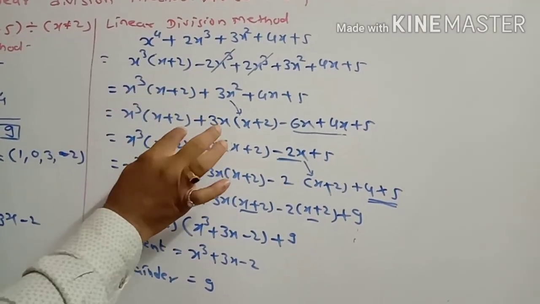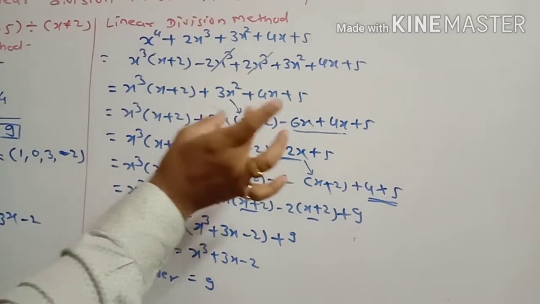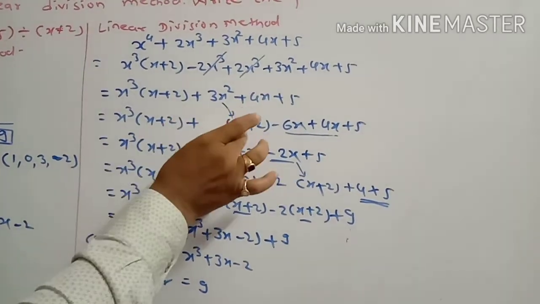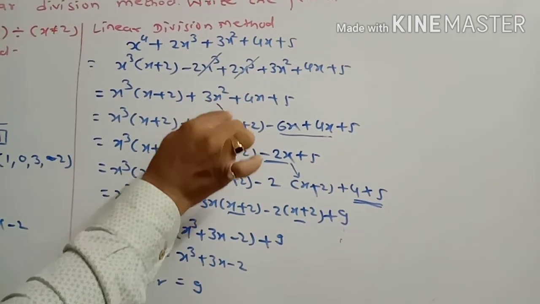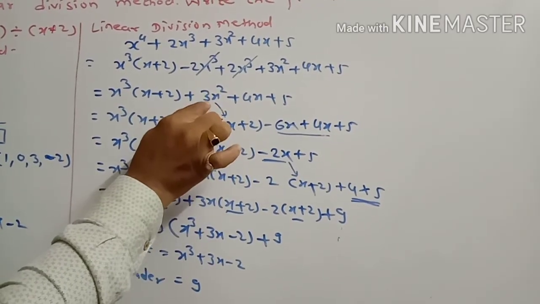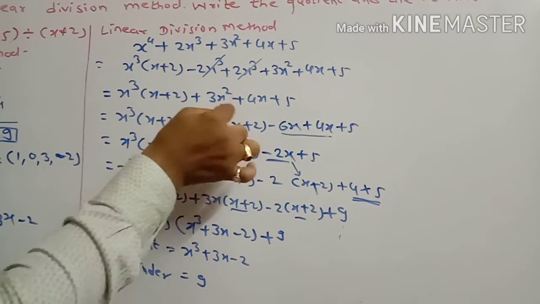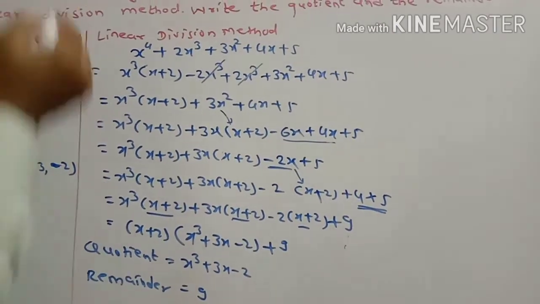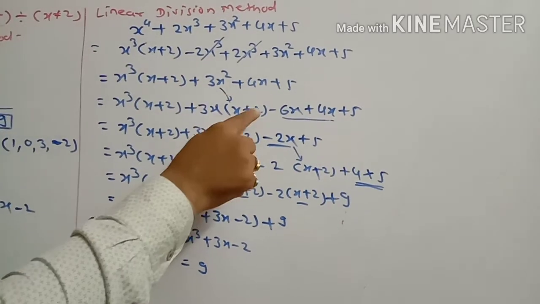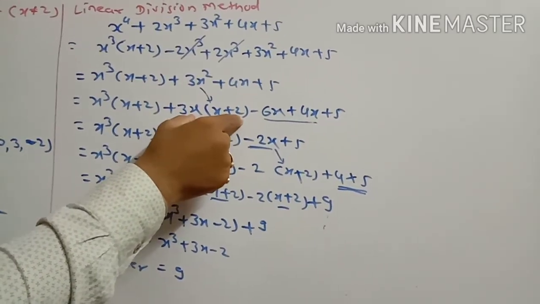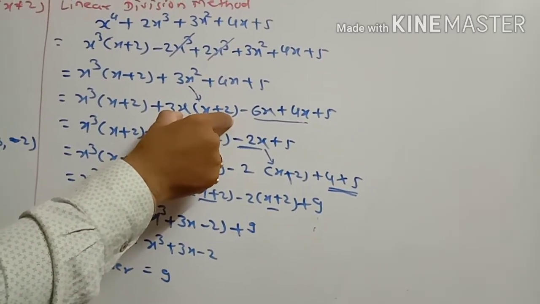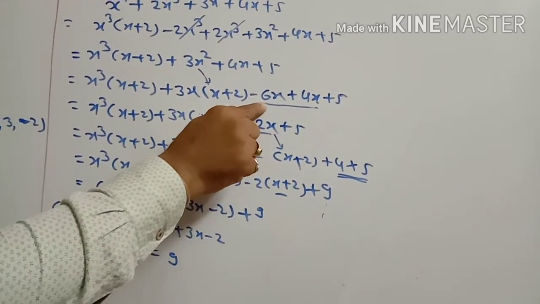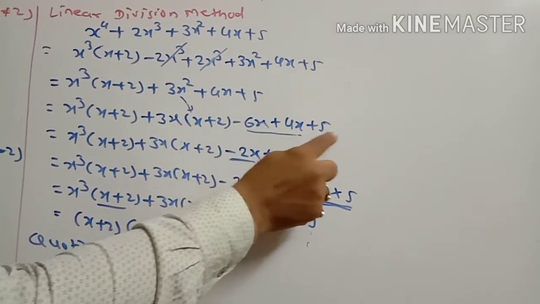Again the first term as it is, plus again I write the divisor after some distance of this plus sign. Then from this 3x square we write x in the bracket. From 3x square we write x, the remaining is plus 3x, therefore here we write plus 3x. Then the product of the second term of the bracket and this common term, 3x into 2, plus 6x. Write the opposite of this plus 6x, that is minus 6x, the remaining term as it is.